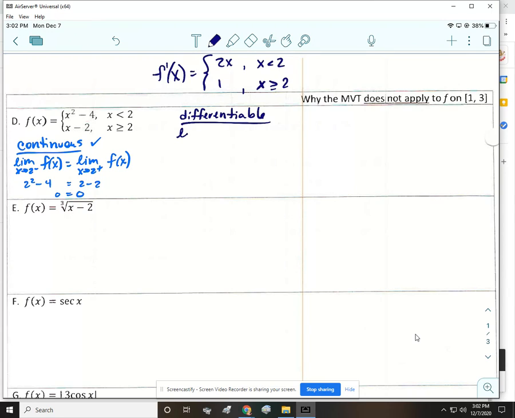So the limit as x approaches 2 from the left of f prime of x needs to equal the limit as x approaches 2 from the right of f prime of x. Now when I put 2 into the derivative, I'm going to get 4 for the left side, and I'm going to get 1 for the right side. And so they don't equal. So that means that f is not differentiable at x equals 2.